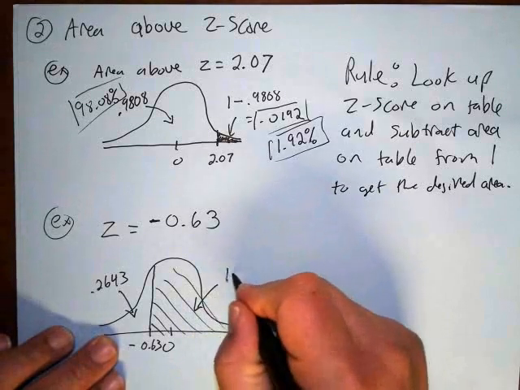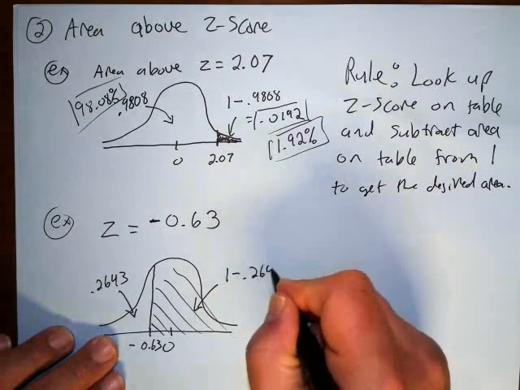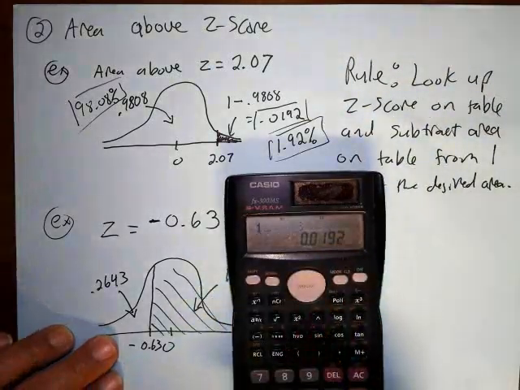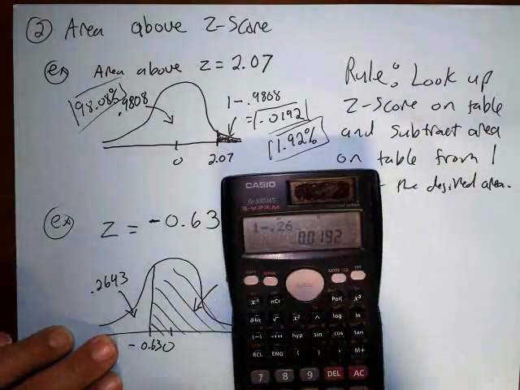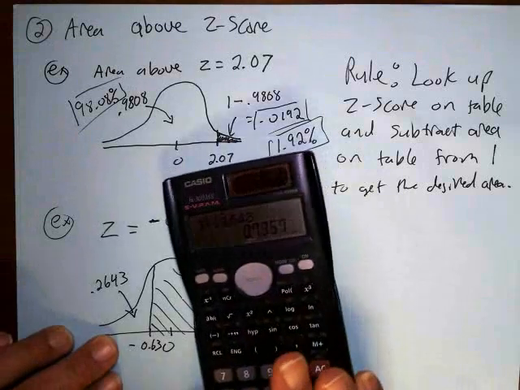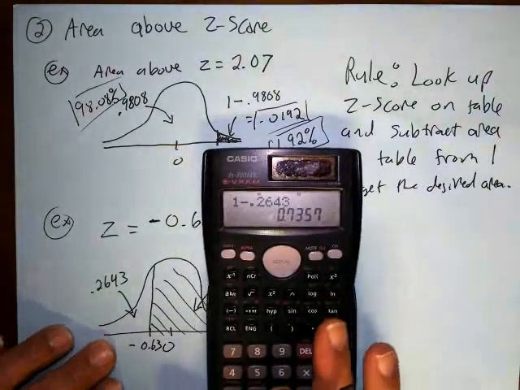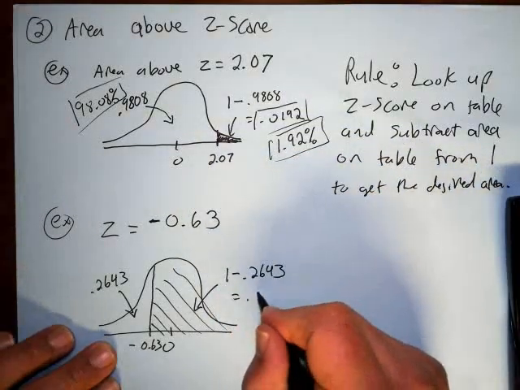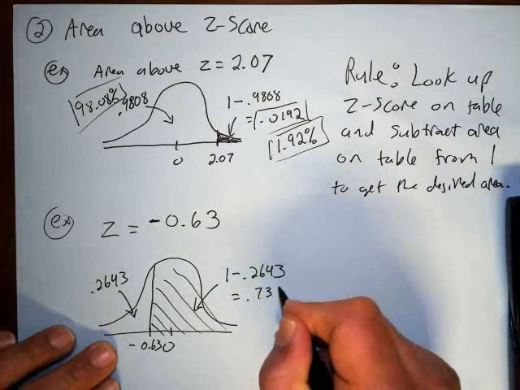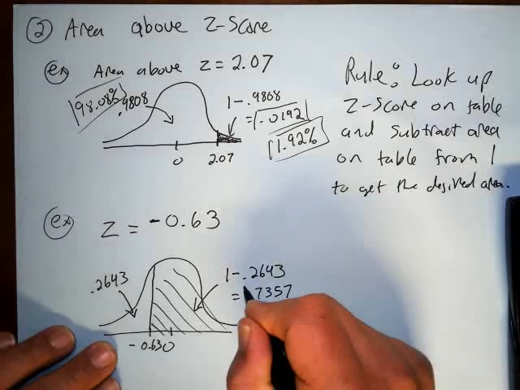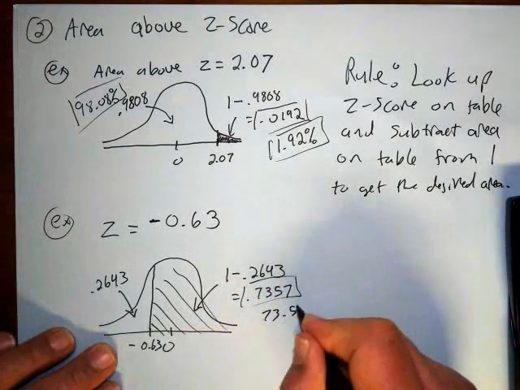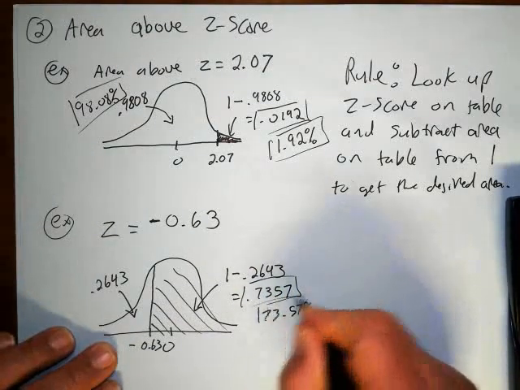So I've got to take 1 minus 0.2643. So 1 minus 0.2643 is 0.7357. And that's the area above. That would be the same as 73.57%.